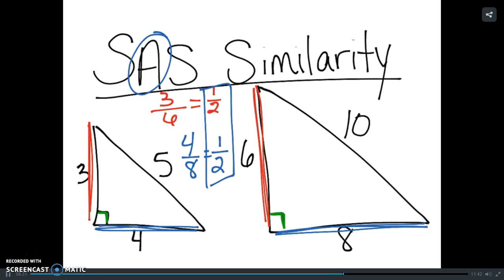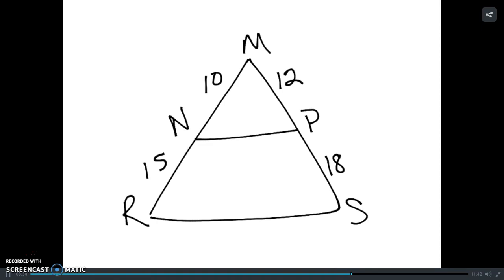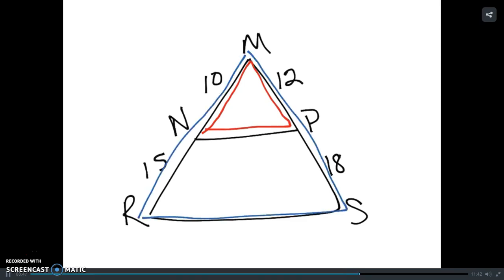So how might this look if we were dealing with a problem in the book? They may draw them out separately like that, or they might give you a picture that looks like this. We actually have two triangles, so let's be sure you can see both of them. You have the smaller triangle on top, and then we have the bigger triangle that is this whole shape here.